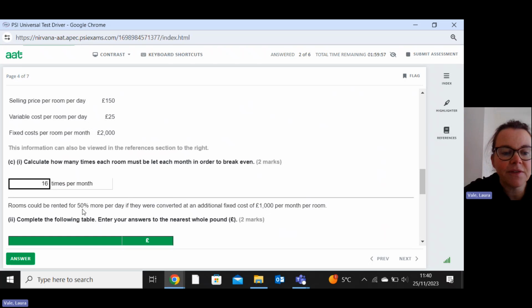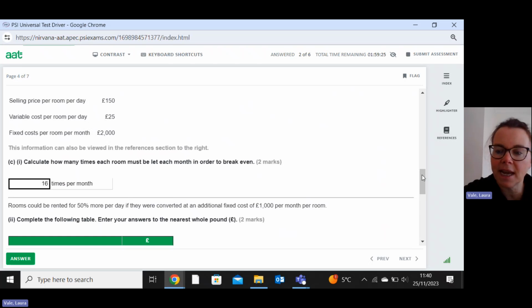And if they're going to be rented for 50% more, so half of 150 is 75. So that takes us up to £225. I think. Hang on a minute. Don't trust my mental maths. 150 times 1.5. Yeah. So £225 minus the same 25. So my contribution per unit is now 200.